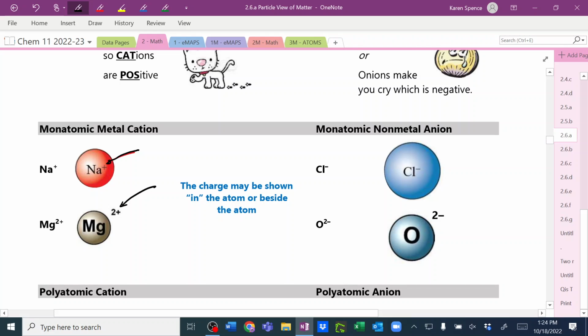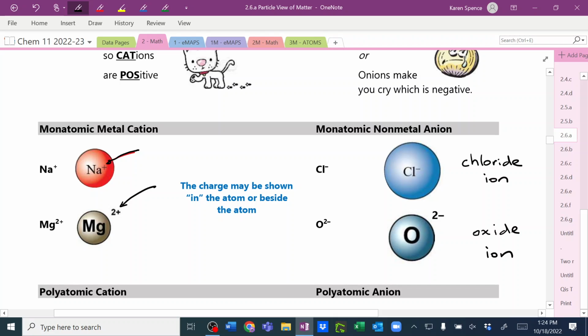Okay, we have chloride. And what's the name of the O2 minus ion? Oxide. It's the oxide ion.